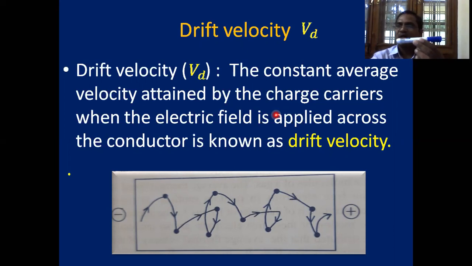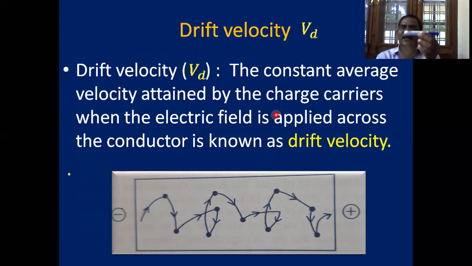That is due to the thermal agitation, the free electrons have an average thermal velocity of 10 power 5 meter per second. So with that speed, the free electrons move randomly inside the volume of this conductor. Okay. So then the average thermal velocity will become zero.